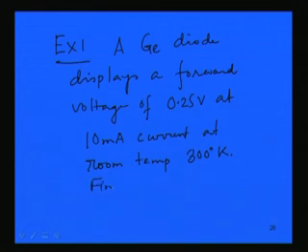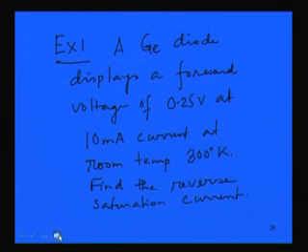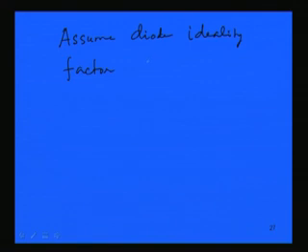For this example, you have to find the reverse saturation current. That means Is you have to find out, and here you have to assume that diode ideality factor eta is 1. This is given to you.